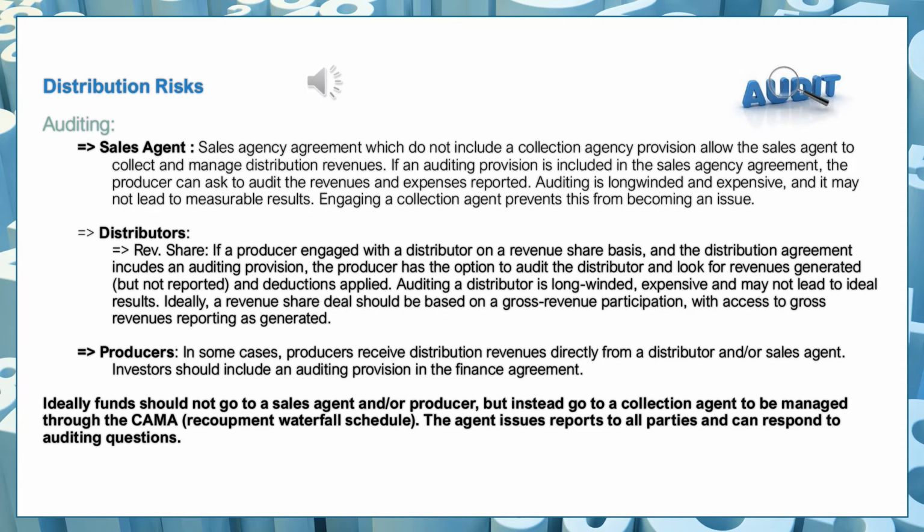So often it's the sales agent who contacts the distributors to find out if there was any overage revenue participation applicable. Long story short, to avoid any auditing and revenue risk, you ideally have everyone be a part of your CAMA, your collection agent management agreement.